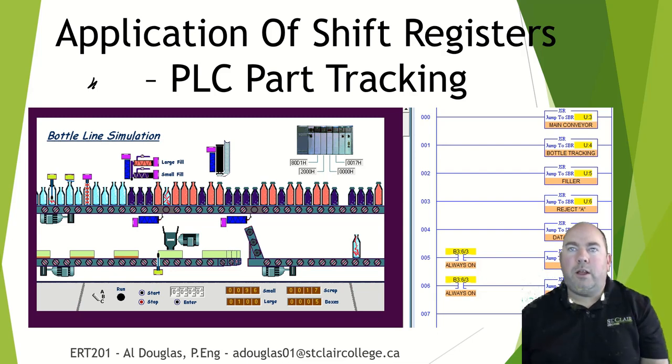So here's what our challenges are with this line. We have different types of bottles coming down this line. They travel in this direction, which you'll see in a second. So we have one sensor here, which detects whether the bottles are broken or not.